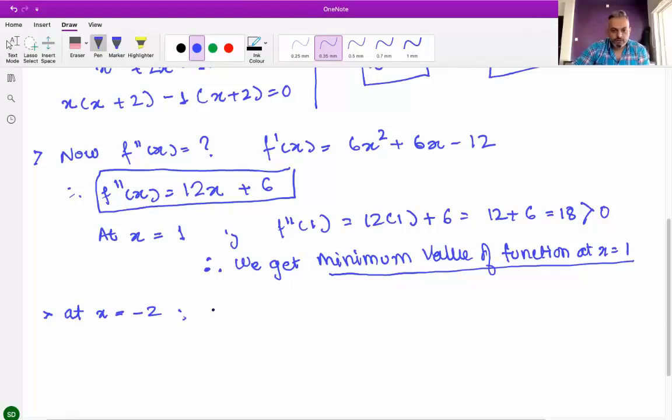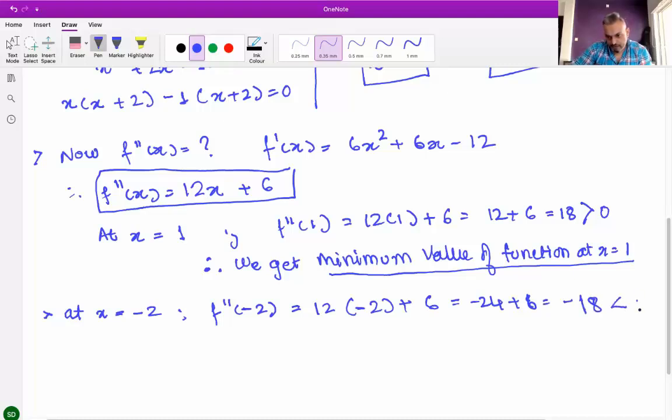We substitute it: f''(−2) = 12 × (−2) + 6, which is −24 + 6, which is equal to −18, which is less than 0.